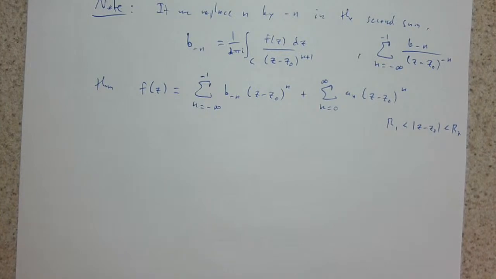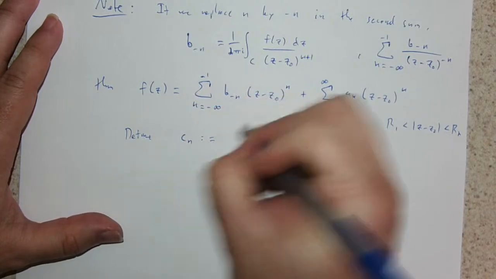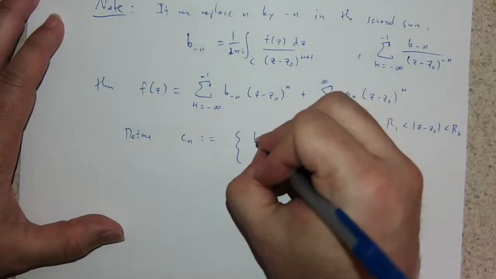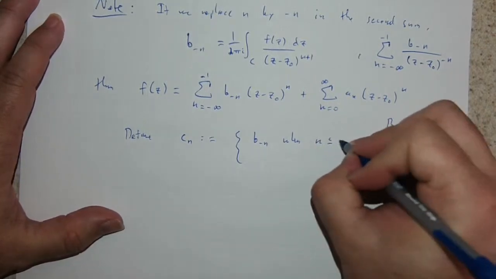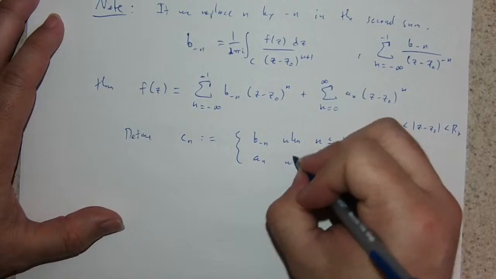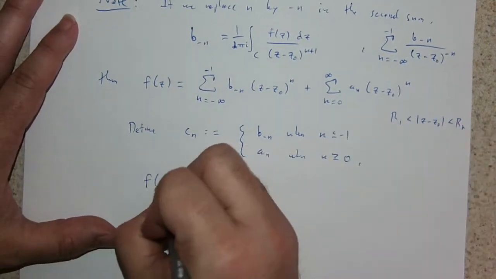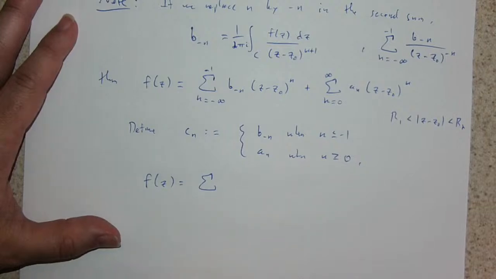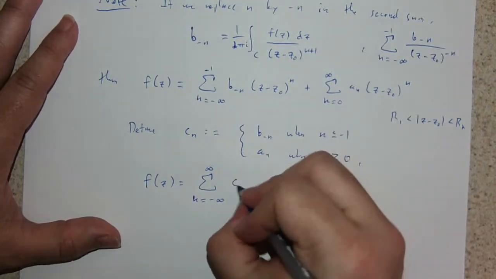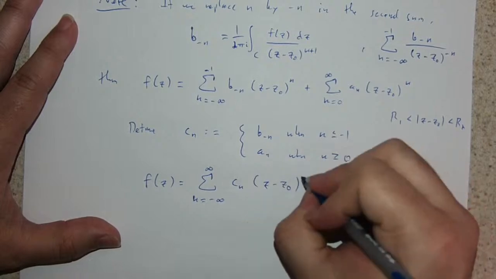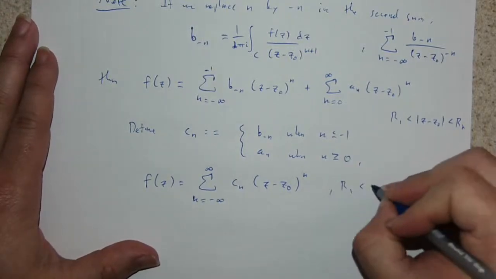But if I define, say, coefficient c sub n to be b sub minus n when n is less than or equal to minus 1, and a sub n when n is greater than or equal to 0, then I get that f of z is the sum from n equals minus infinity to infinity, by combining these two, of c sub n times z minus z naught to the n, where again this is for z on this annular region.